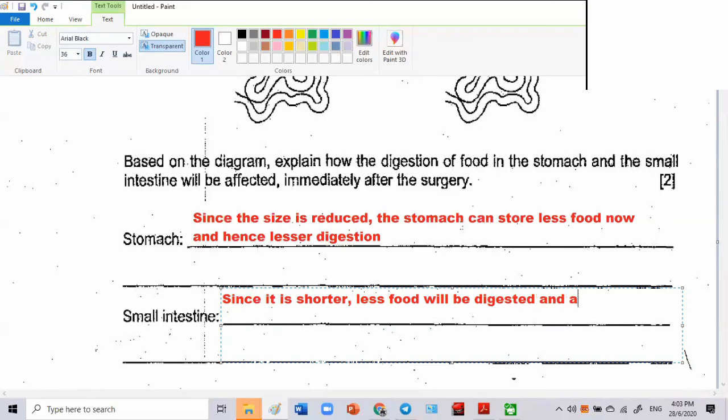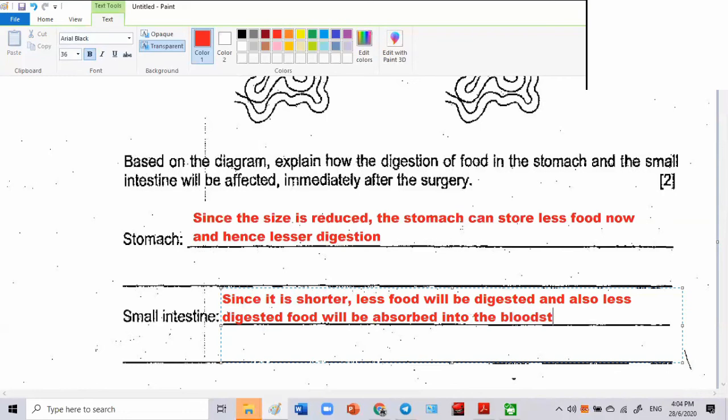And also less digested food will be absorbed, because the absorption also happens in the small intestine. Since it's shorter, less food will be digested, and so less digested food will be absorbed into the bloodstream.